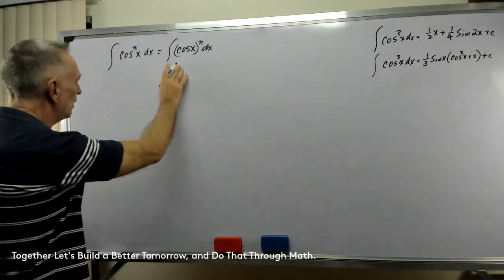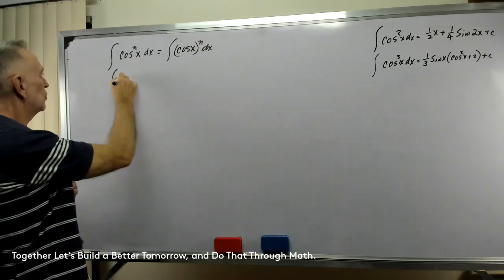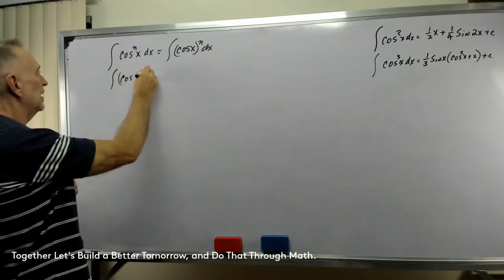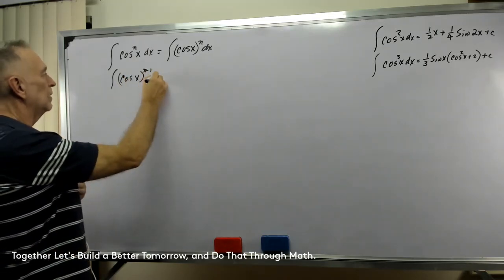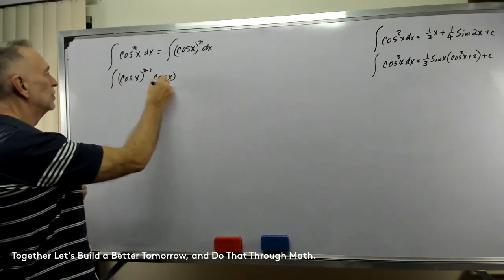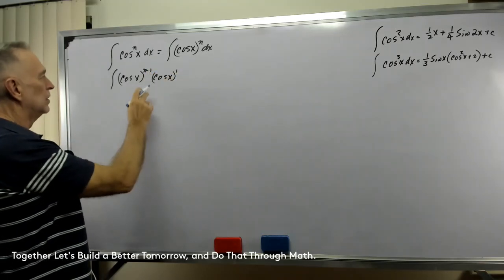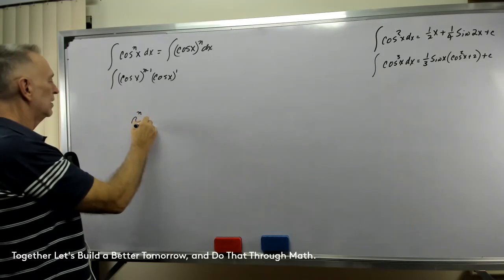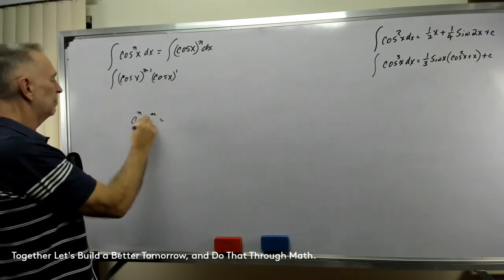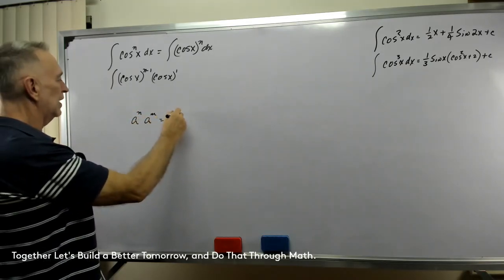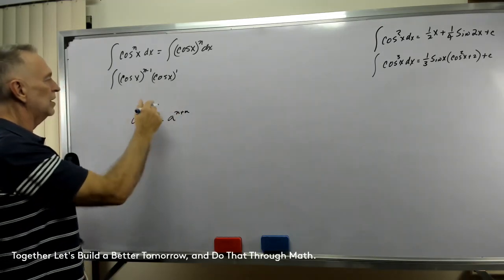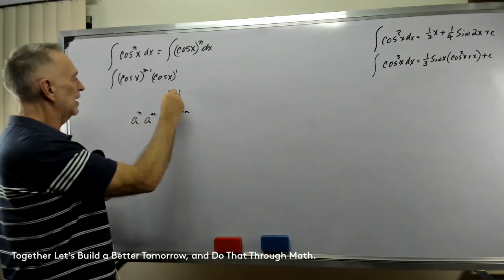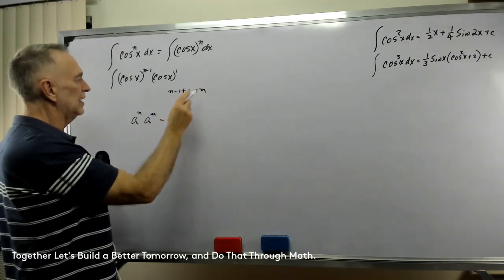Okay, I want to break this down into cosine x to the n minus 1 times cosine x to the 1. So if I have a to the n and a to the m and multiply those together, that's a to the n plus m. Same here. I have cosine x in both, so now I have n minus 1 plus 1, it's just n.